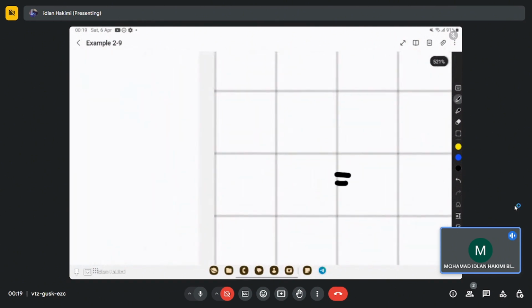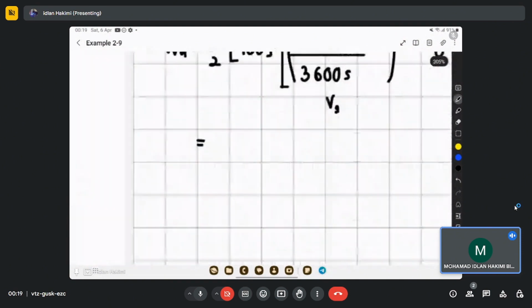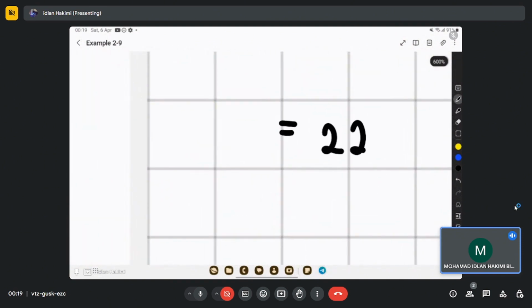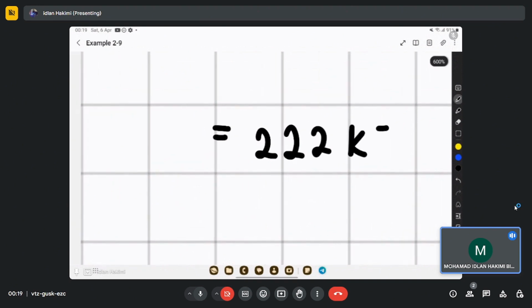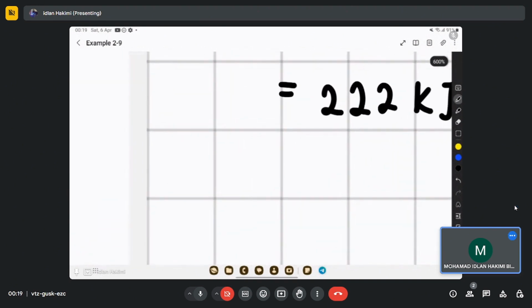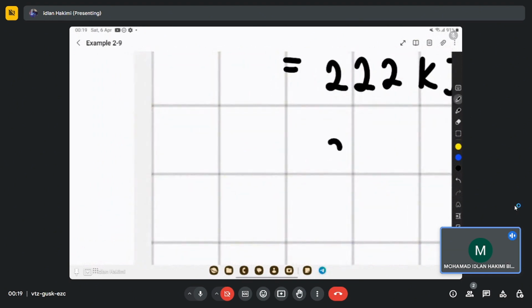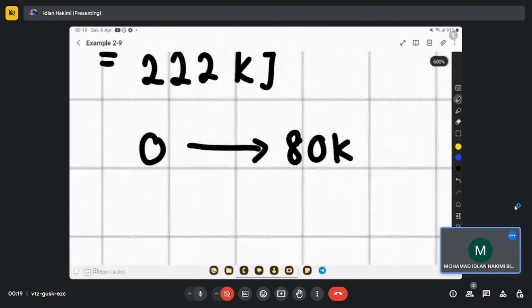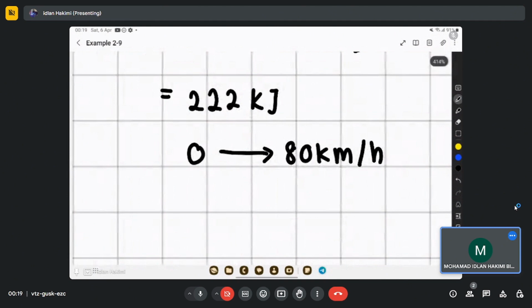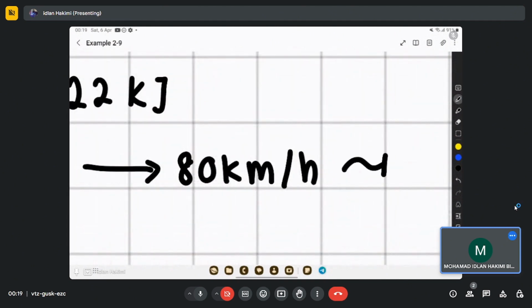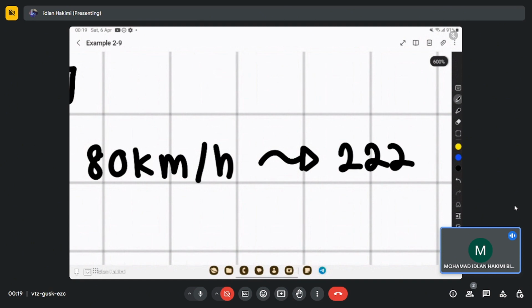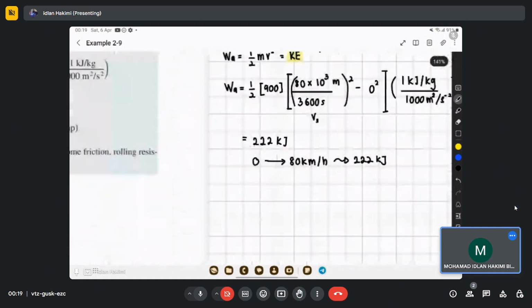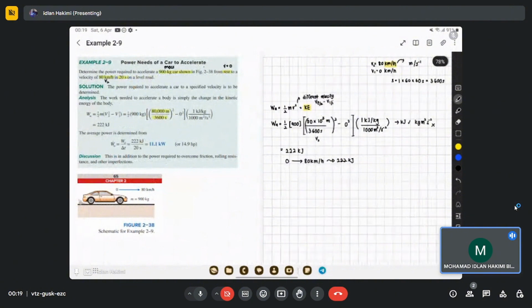From the calculations, we got the answer: 222 kilojoules. That means the work needed to accelerate a car from 0 to 18 kilometers per hour is 222 kilojoules.